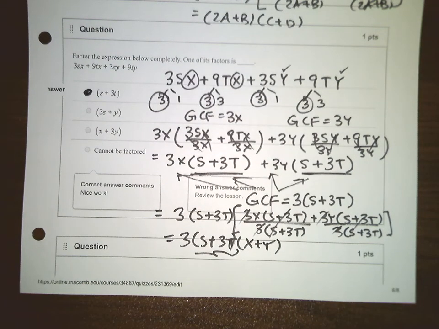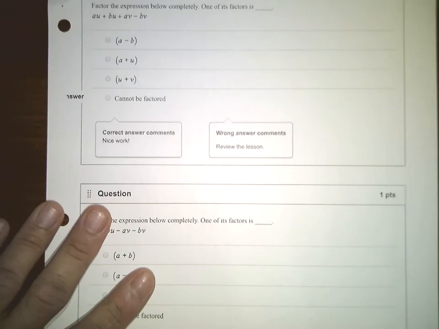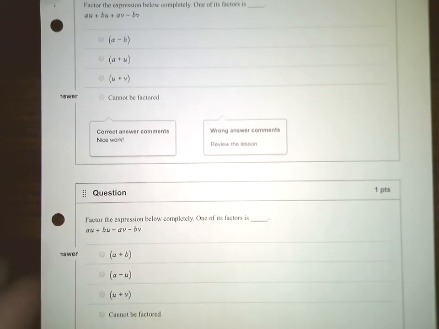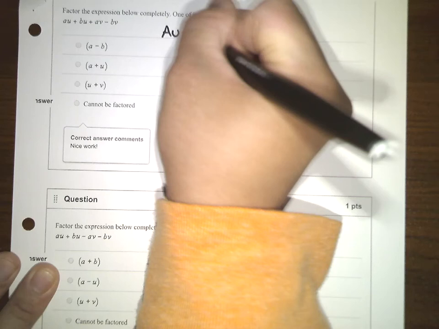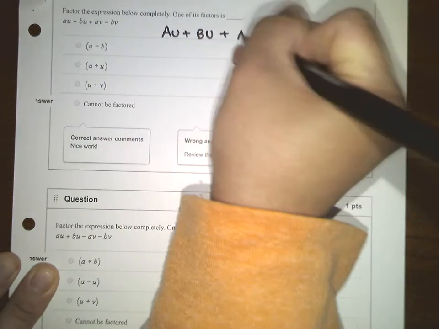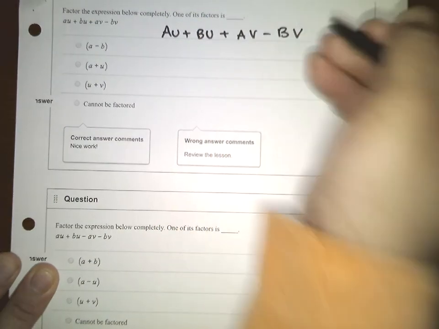All right, so now let's try another exciting example here. What a time to be alive, right? So let's factor the expression below completely. So here it is: AU plus BU plus AV minus BV.